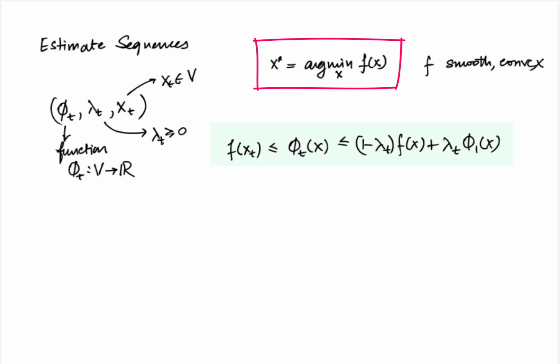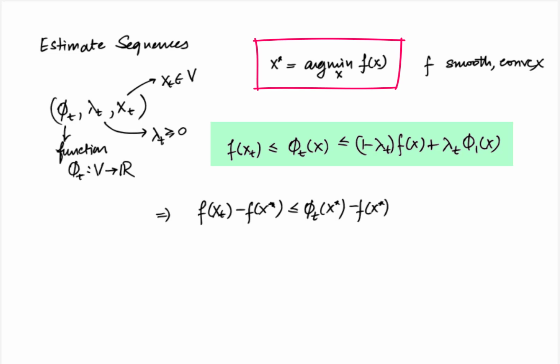The reason we have defined the sequence of functions in this way is that if we write down this inequality for x equal to x star and subtract f of x star from all the sides, we obtain that f of xt minus f of x star, which is the optimality gap, is less than equal to phi t of x star minus f of x star, which is less than equal to lambda t times phi 1 of x star minus f of x star, which is basically order lambda t since phi 1 of x star and f of x star are constants.